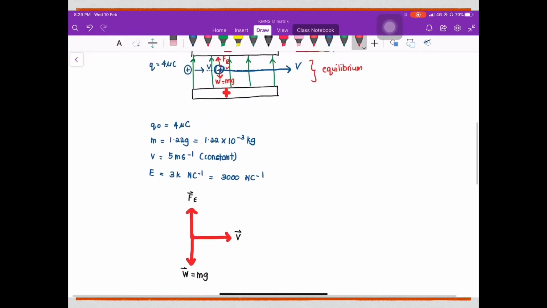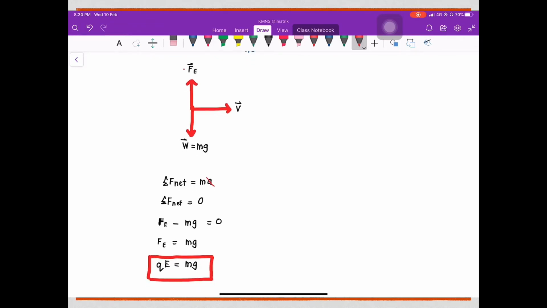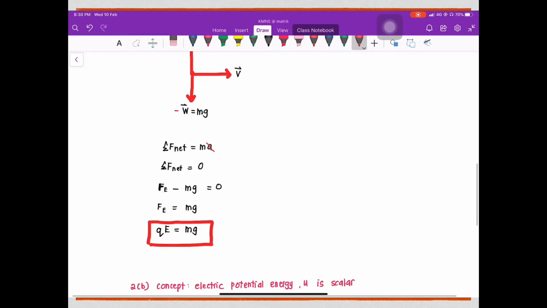So look at the answer here. This is the upward electric force. This is the downward weight. Refer to the concept: net force equal to ma. Then substitute acceleration with 0, so we get net force 0 here. Then Fe upward is positive, this is negative, referring to downwards.